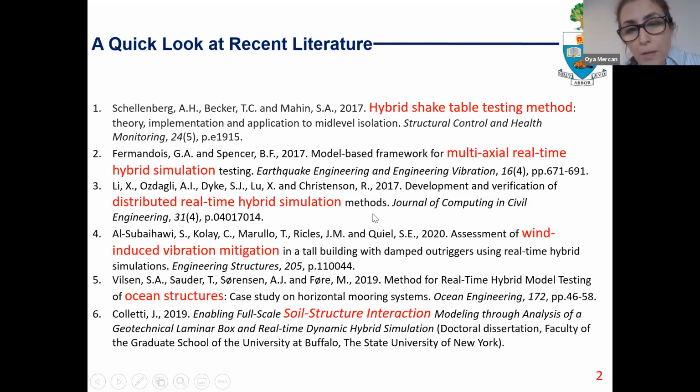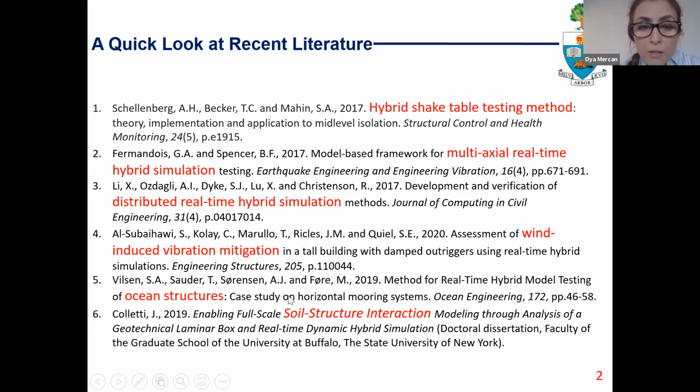application of real-time hybrid simulation is extended to include distributed simulation, which means that the simulation is executed among multiple institutions. The fourth study here introduces wind-induced vibration mitigation. Commonly, in the earlier times, real-time hybrid simulation was used mainly for seismic applications, but this study introduced wind mitigation.